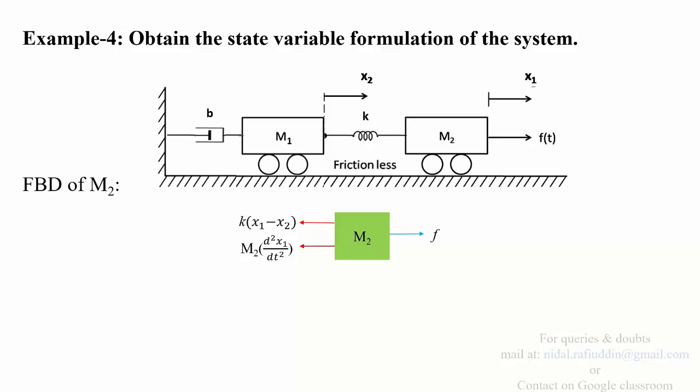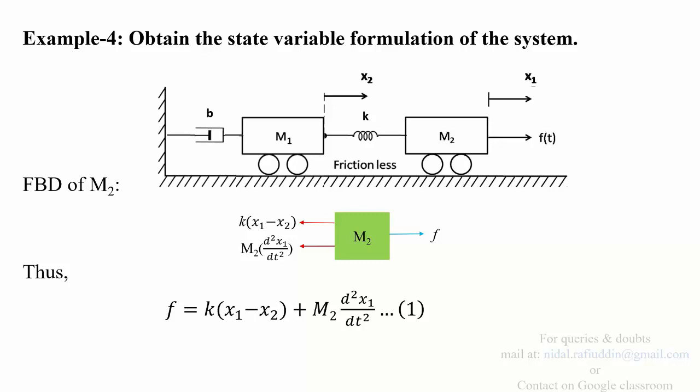Since the surfaces are frictionless, no frictional damping would exist. This gives the equation written as follows. Let's call this equation 1. There is nothing new to explain in this expression. Things have already been discussed in unit 1, so I expect that none of you should have a problem in obtaining this expression.